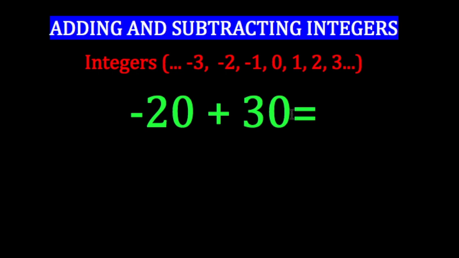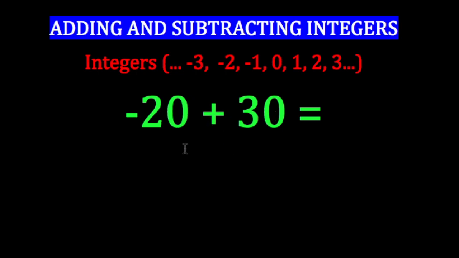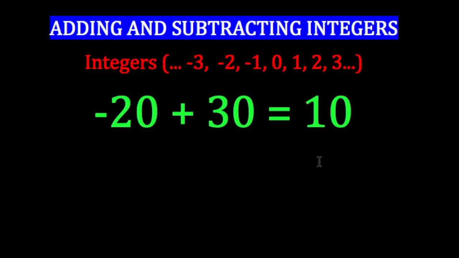Now, not only you deposit enough to cover that $20 that you owe the bank, after you cover that $20, you have an extra $10 left, and that $10 is gonna show in your bank account as a positive number because that money belongs to you. You don't owe the bank anymore. So this -20 plus 30 is 10, or you just put +10. Usually you don't have to put the plus sign in front of the number.